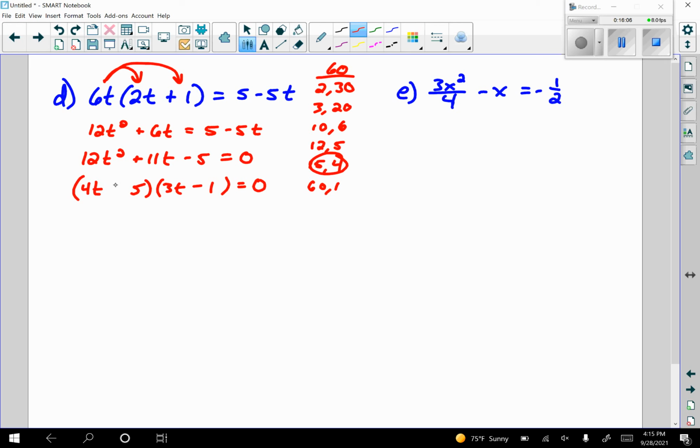So if I put the negative here and the plus here, this will give me a -4t plus 15t is 11t. So then I'll set each of these equal to 0. So we'll get 4t is going to equal -5, so t is going to equal -5/4. And then over here, 3t equals 1, so t equals 1/3.